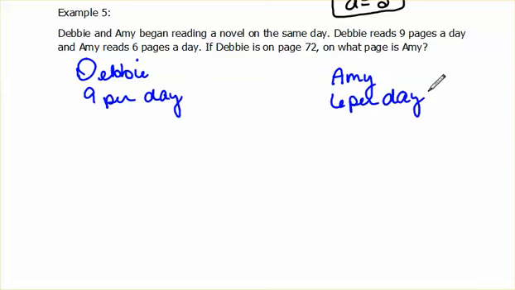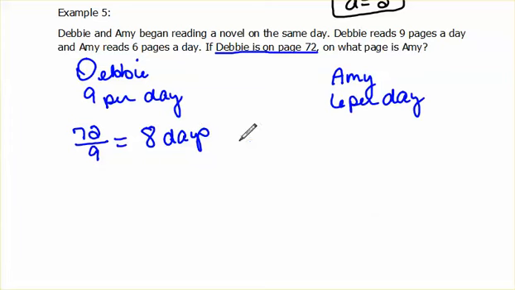All right, so if that's true, and if Debbie is on page 72, then 72 divided by 9 is 8. So if she's read 72 pages at 9 pages per day, then that means that she's been reading for 8 days.